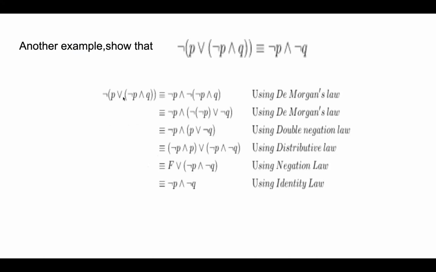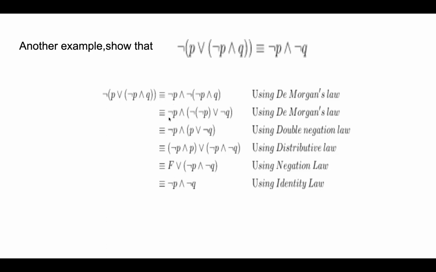Negation of P or negation P and Q. Here we applied this negation on both these, on P also and this one, negation P and Q. Okay, then what it became? Negation P and negation of negation P and Q. Okay, this is one term and this P is second term, OR operation between them, negation is there, so we can write it like negation of P and negation of this negation P and Q.